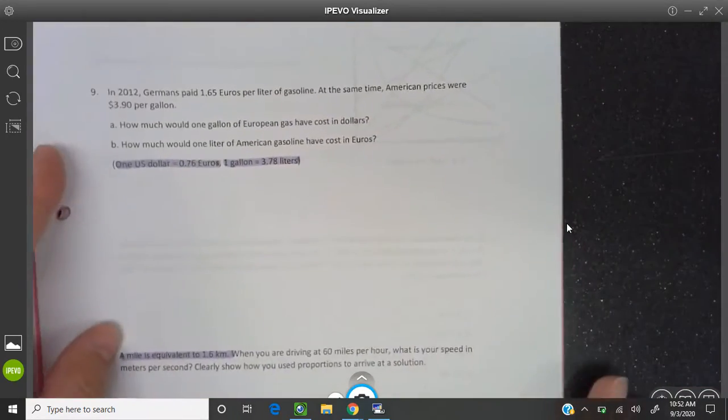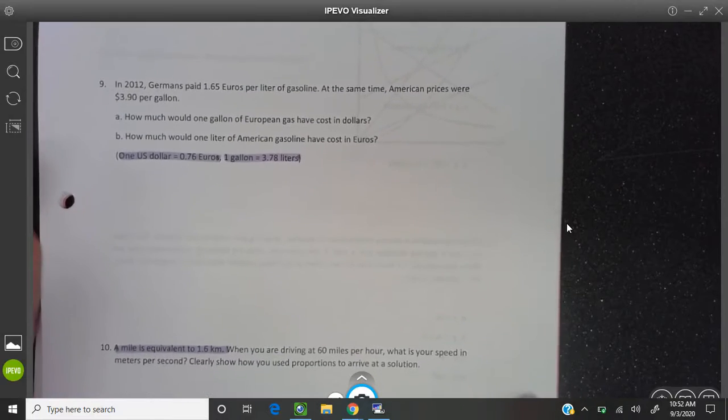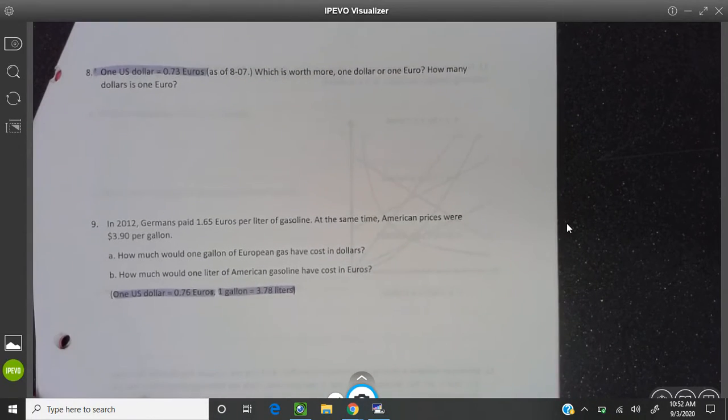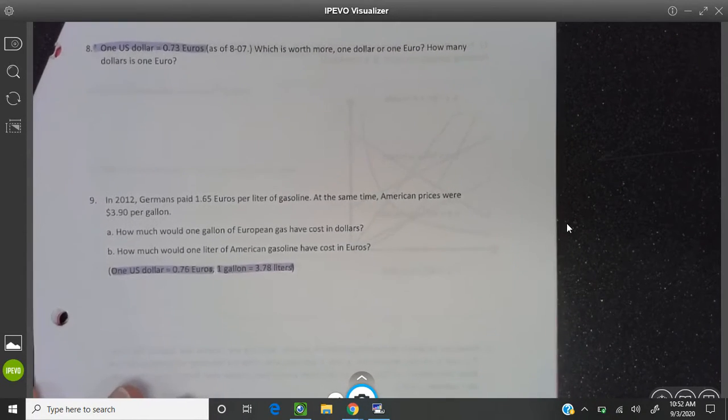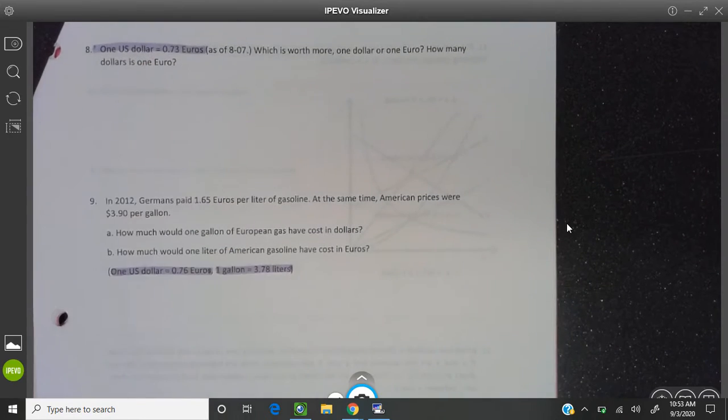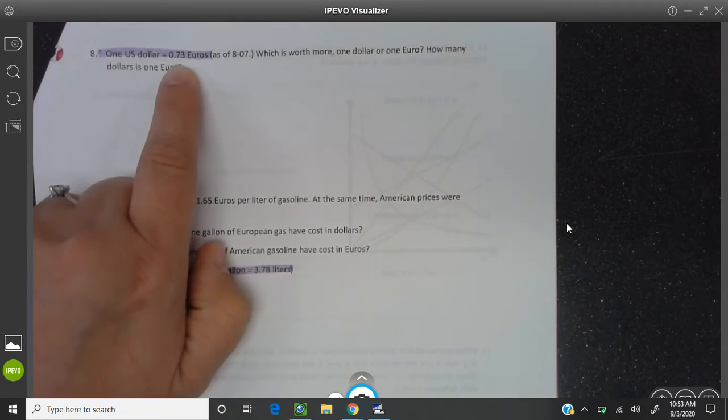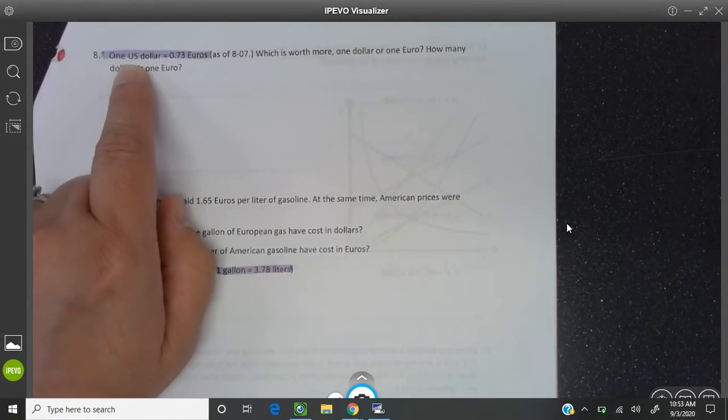Okay, on the back. So $1 is equal to 0.73 euros, 73 euro cents. Which one's worth more, $1 or €1? Can you tell from just looking at the conversion? Yeah, a whole euro would be worth more, because if we had a whole €1, that's going to be more than $1.